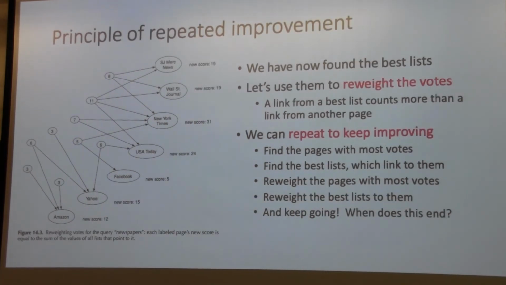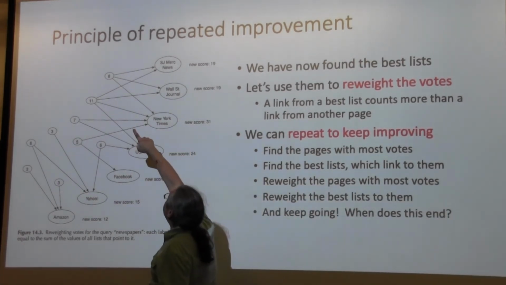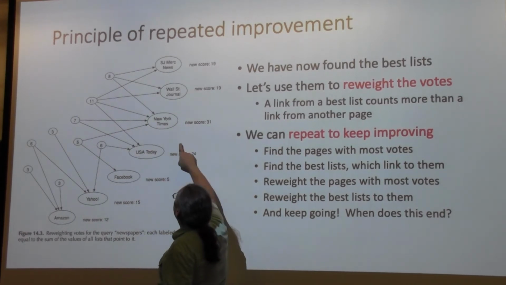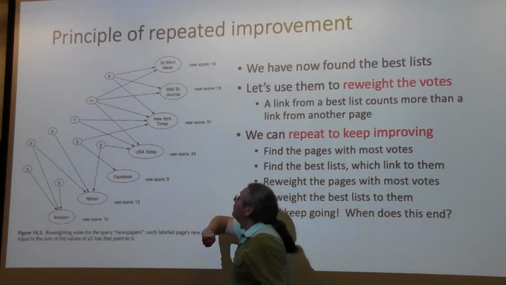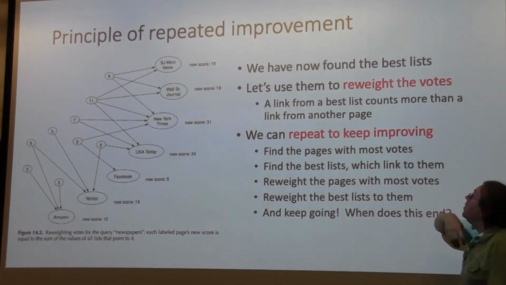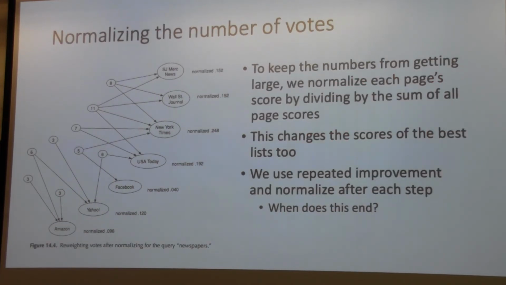The third step is you add up the ones on the right, you add up the points from the nodes on the left. New York Times will have 8 plus 11 plus 7 plus 5, which is 31. So we repeat improvements, and each time we improve, the real newspapers will emerge from this. That's kind of the magic of this approach.